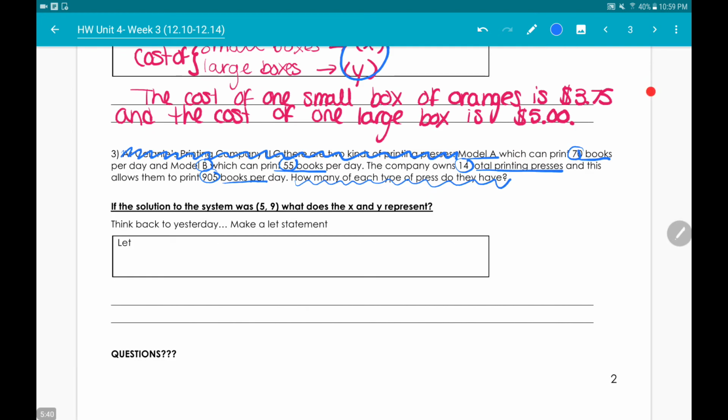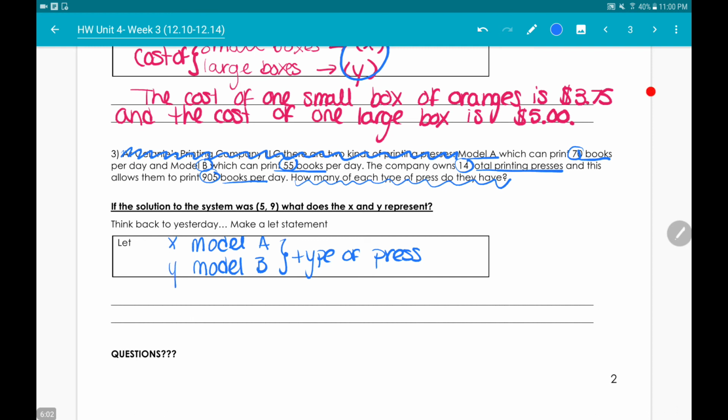Okay, so while you were working, I did some annotating. And in this question, we're talking about 2 different types of presses, Model A and Model B. And this is our type of press. And we're trying to figure out how many of each.